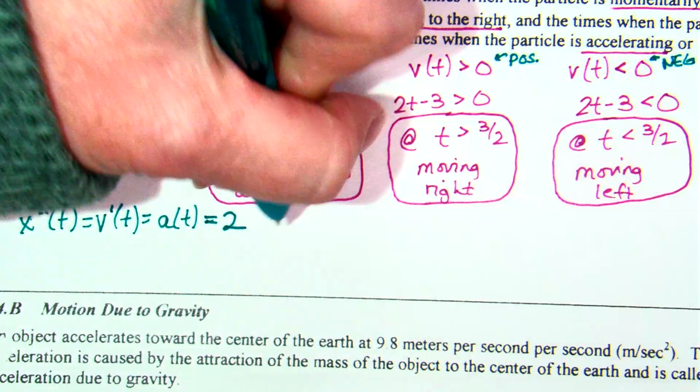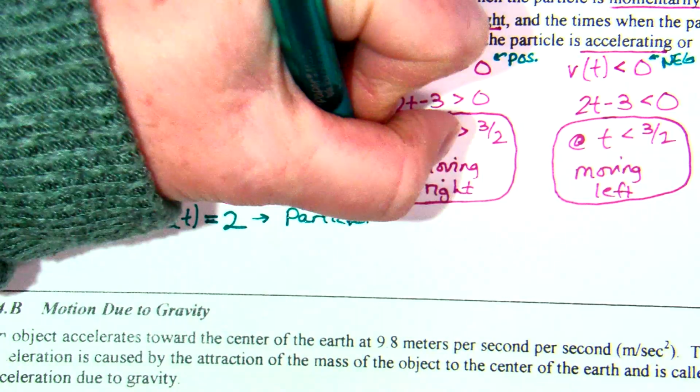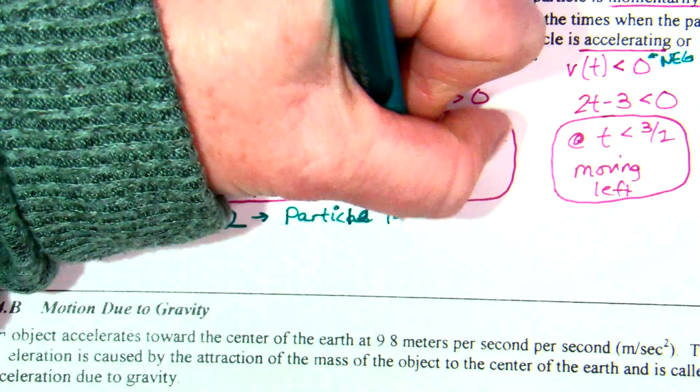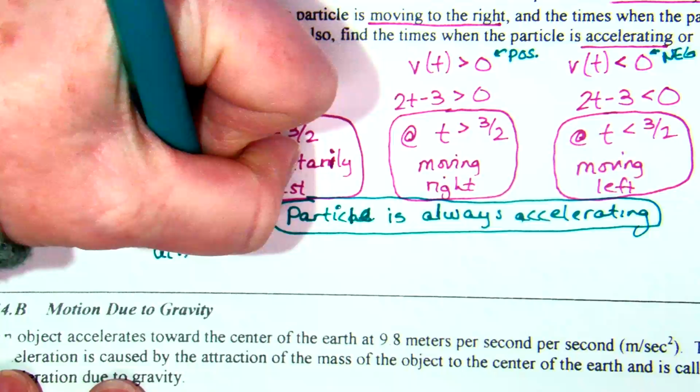So in this case, it doesn't matter what value I put in. The particle is always accelerating. Okay, and that's because when the acceleration is greater than 0, it's accelerating.